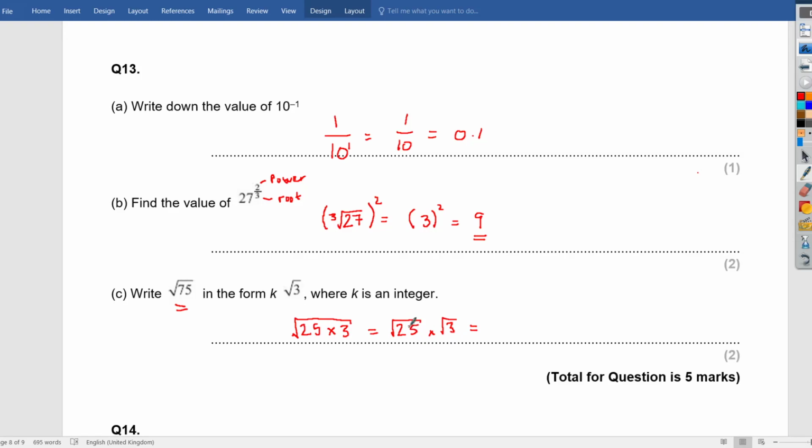It's a perfect square number which we can square root and get an integer out. So that will be 5. And root 3, we can't do anything with that, so that will be left as 5 root 3. And therefore, where k is an integer, in this case, k is equal to 5. Bingo.